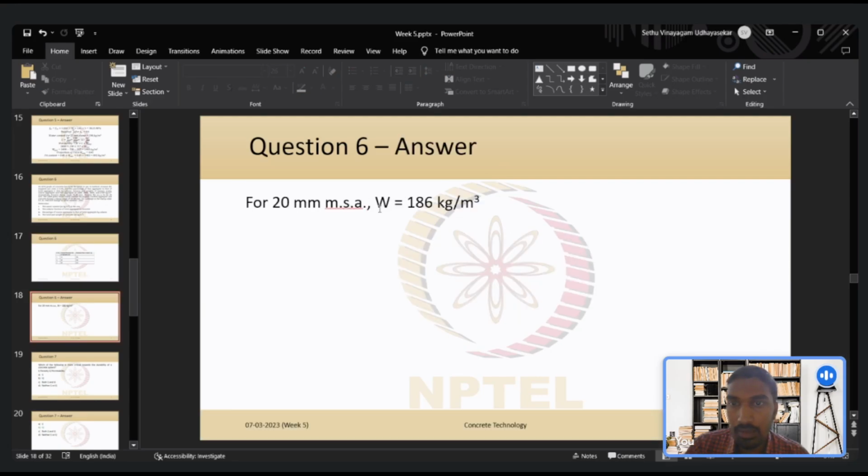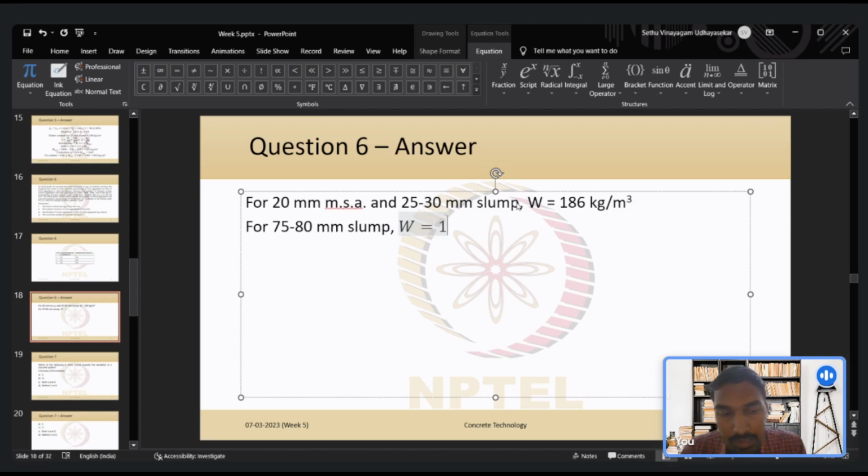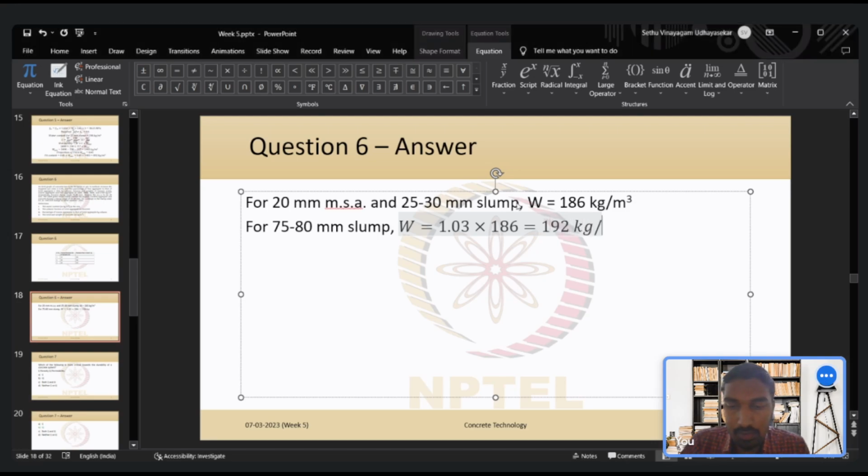For 20 mm MSA and 75 to 80 mm slump, W will be 1.03 times the water content given in the table, so it is 1.03 into 186, and that will be 192 kilograms per meter cubed.